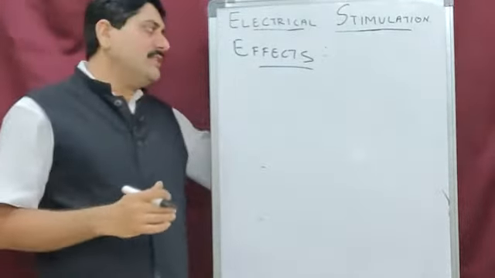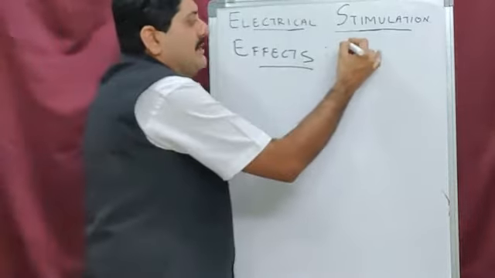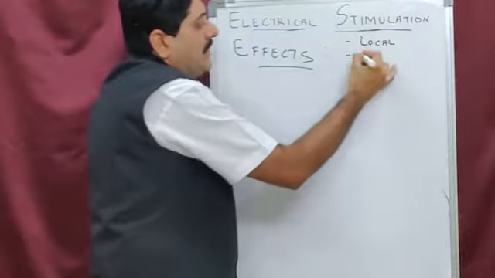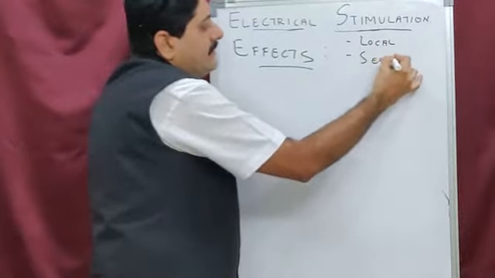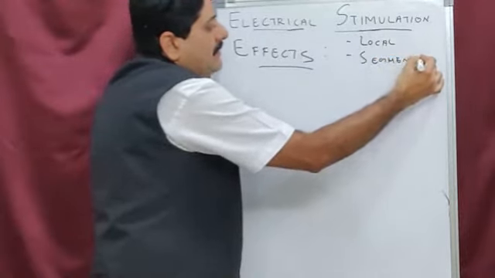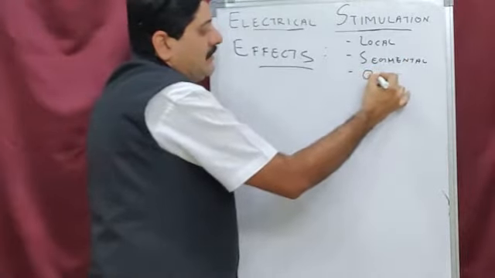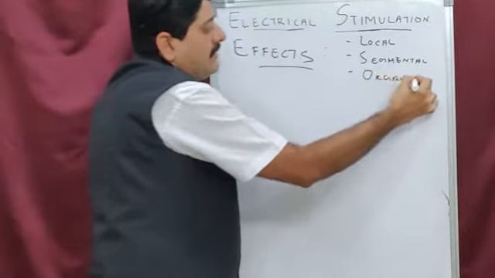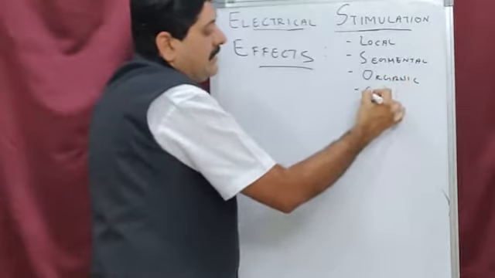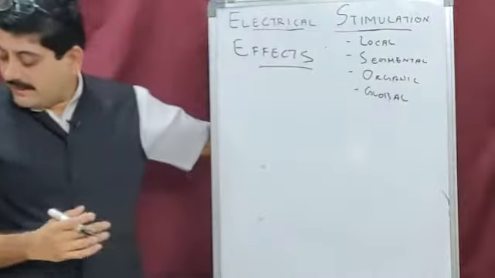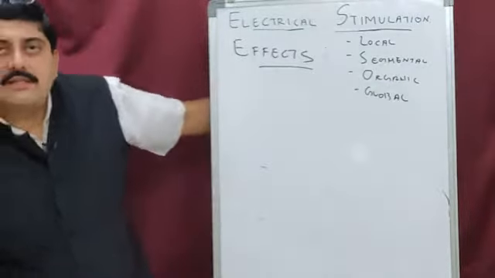There are certain books which say that the effects can be divided into local, then segmental, right, then organic, and then global, right. Now certain books are dividing the effects in this way.